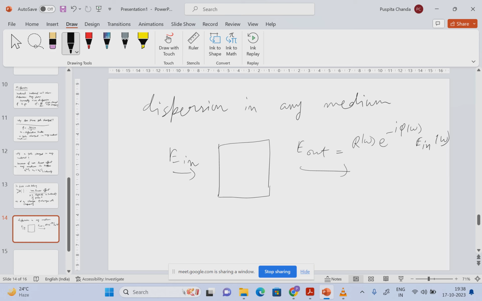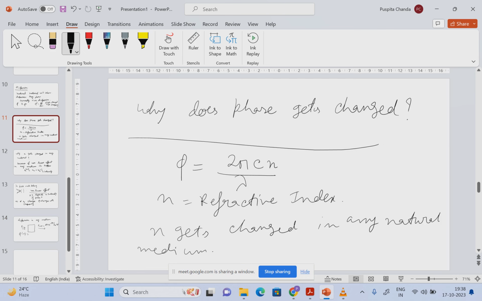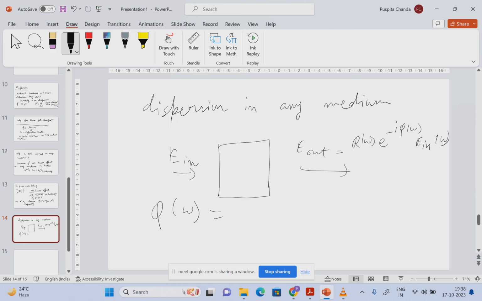So phi depends on omega. As n depends on omega, phi also depends on omega, because phi is 2 pi c n by lambda. Phi of omega is a function of omega; this is the variable. It's not multiplication.